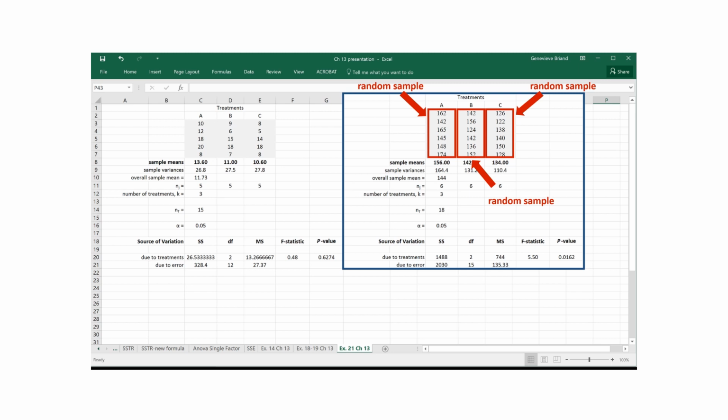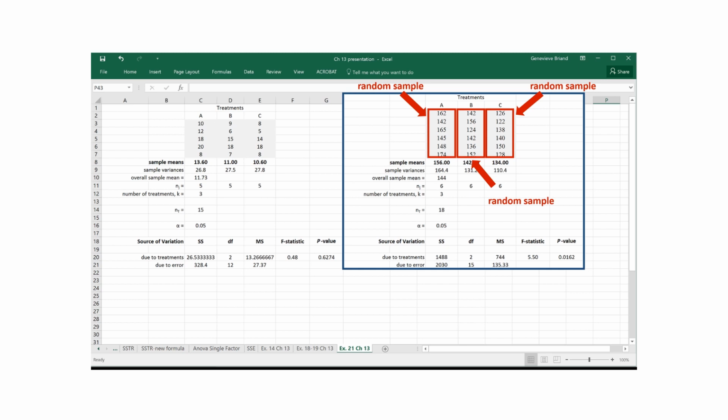So 3 assembly methods or treatments are of interest to us, and we'd like to determine whether the mean number of units assembled per week is the same for all 3 methods. So for that, we randomly assign workers to each type of assembly method and record for each the number of units assembled per week. So the method of assembly is our first factor.